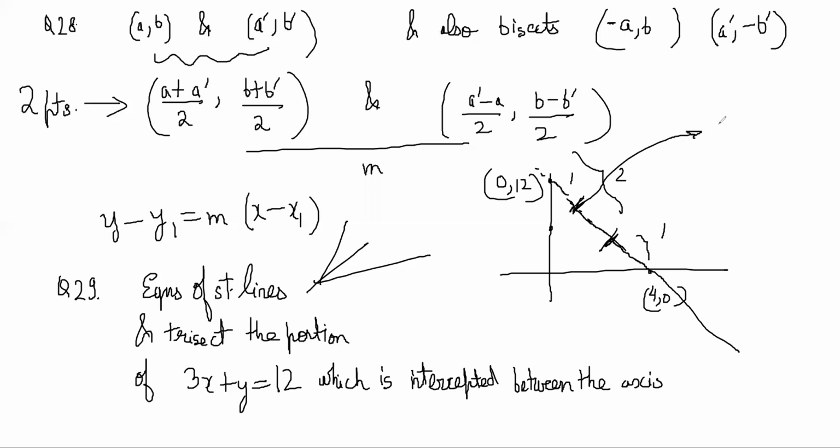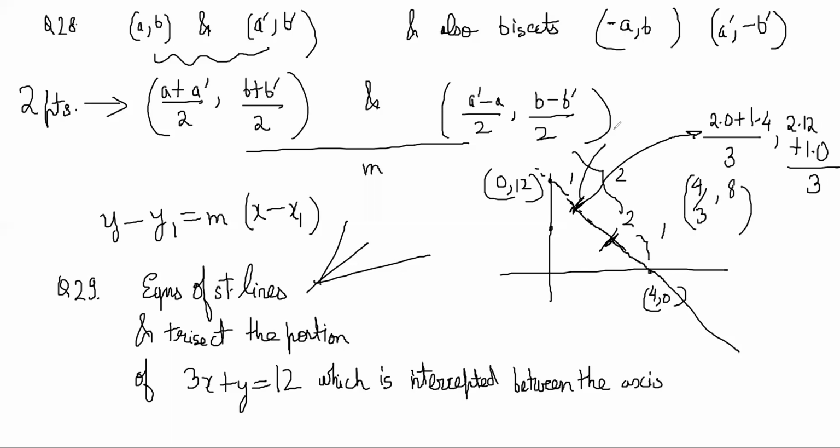Let's find that point. It is in the ratio 1 is to 2. So (2 into 0 plus 1 into 4) by 3, comma (2 into 12 plus 1 into 0) by 3. So this becomes 4 by 3, comma 2 into 12, 24 by 3 is 8. So (4/3, 8) is this point.